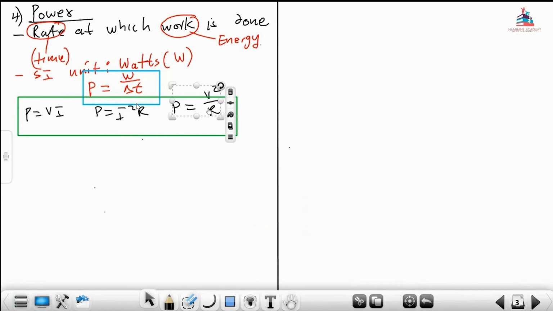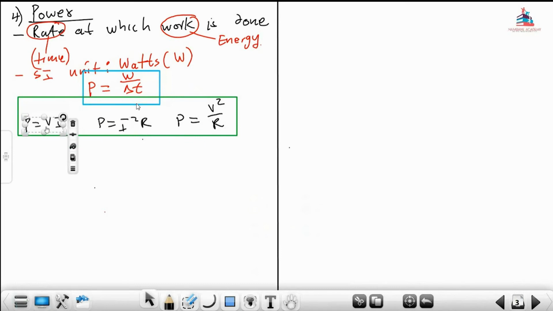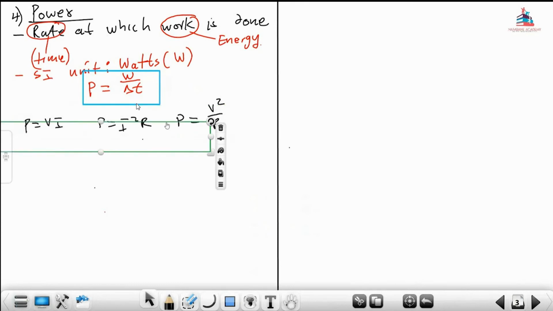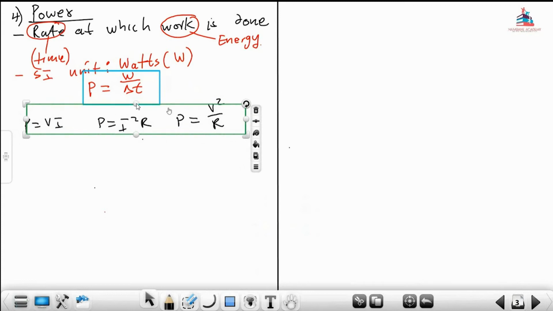Because these equations are equations that we are going to be expected to apply. And because of that, we need to be certain in terms of which equation we are choosing for which specific reason.